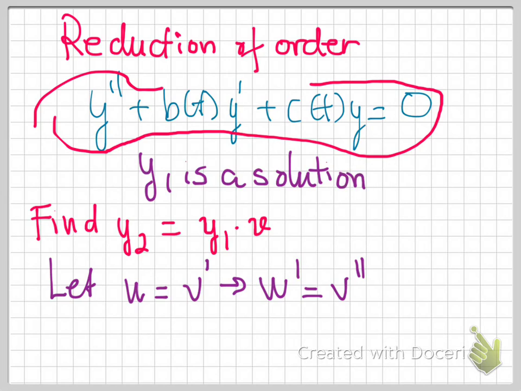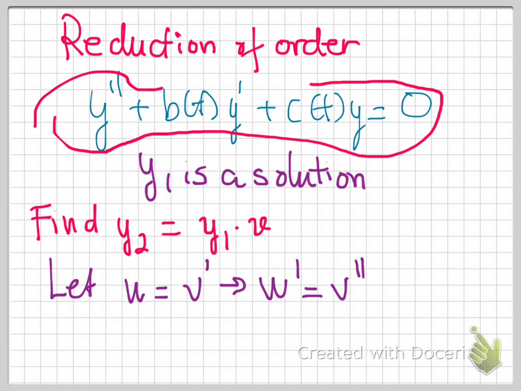Another condition is that you should know one solution to this equation, and your goal is to find the second solution via this arbitrary function v. Once we find v, then we can find the second solution.